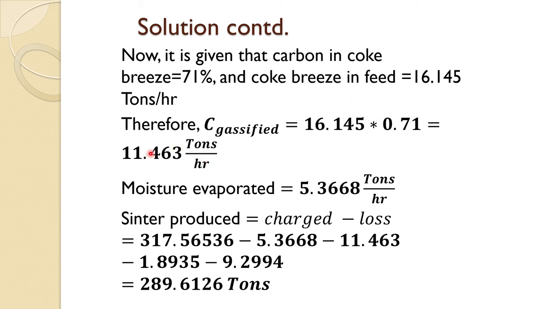So, this is the tons per hour of carbon being gasified, and whatever moisture is there gets evaporated, which we calculated previously. So, sinter produced equals charge minus loss. This is the charge, and all the moisture and CO2 would be the loss. So, essentially you get 289 tons of sinter produced.